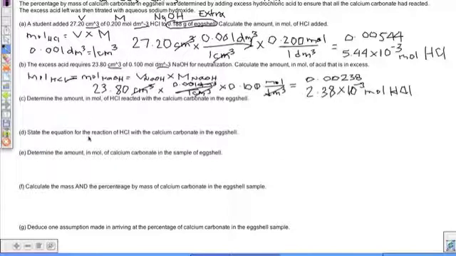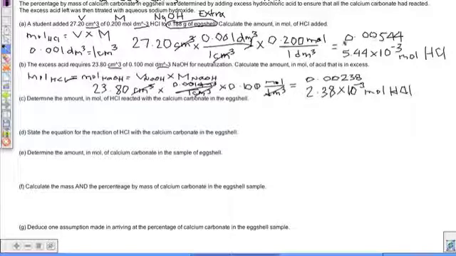Now it might seem funny, why do we have moles of HCl in 2 parts? Well, that's why we have this next question. We want to determine the amount in moles of HCl reacted with the calcium carbonate in the eggshell. So all we have to do is subtract these 2 numbers. This is the HCl that reacted only with NaOH.